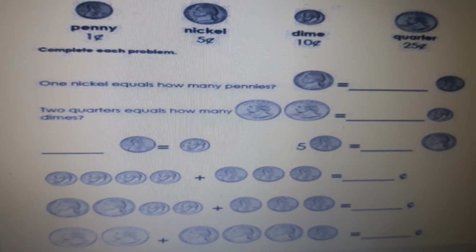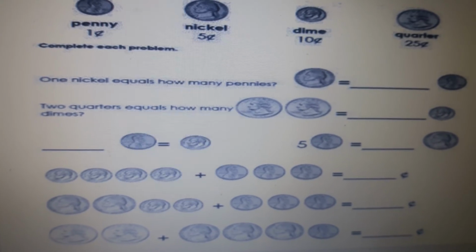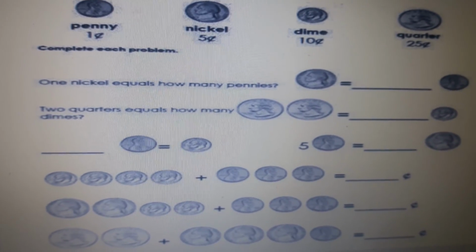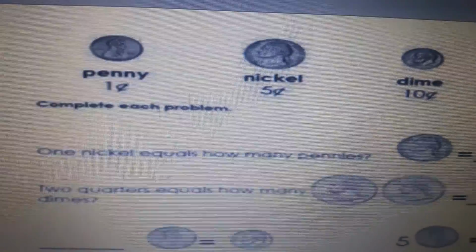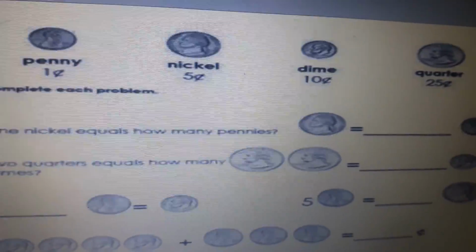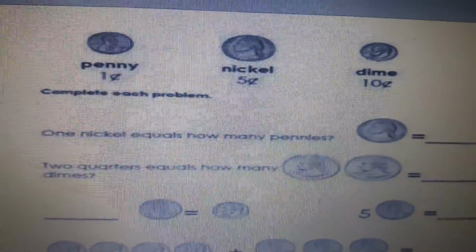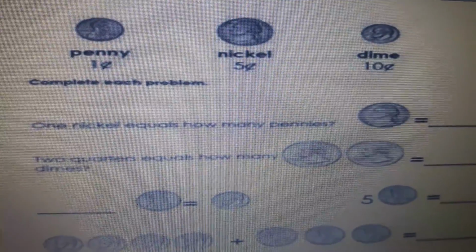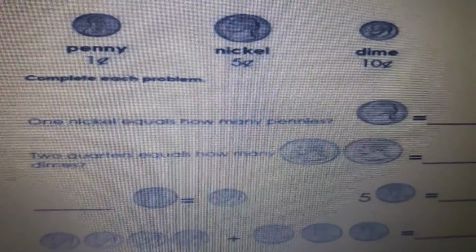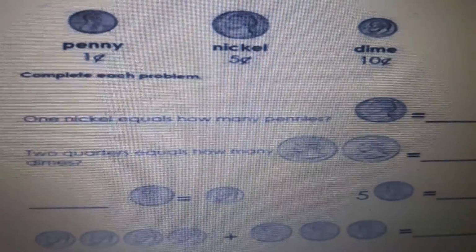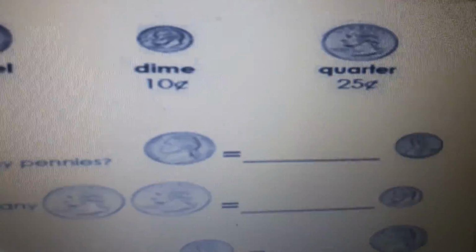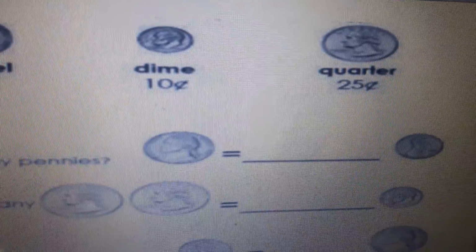This sheet is different because it consists of penny, nickel, dime, and quarter. Okay, we have the penny, which equals 1 cent, nickel 5 cent, dime 10 cent, quarter, which is 25 cent.